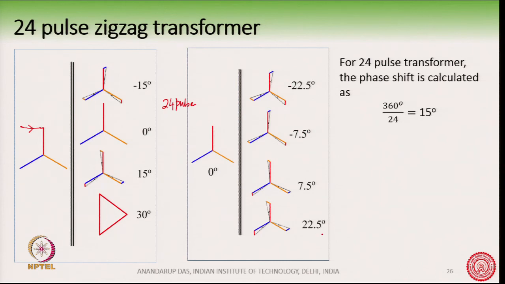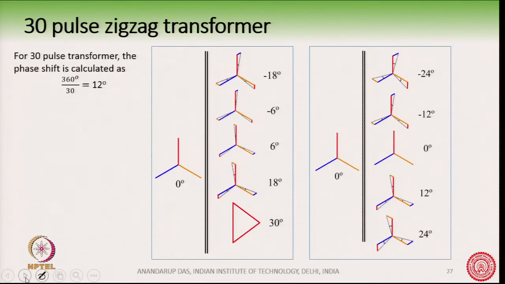In a similar way we can also have a 30 pulse zigzag transformer. With 30 pulse, the phase shift required is 360 degree by 30, so 12 degree. How many rectifier transformers will we need? We need 5, because each rectifier produces 6 pulse.